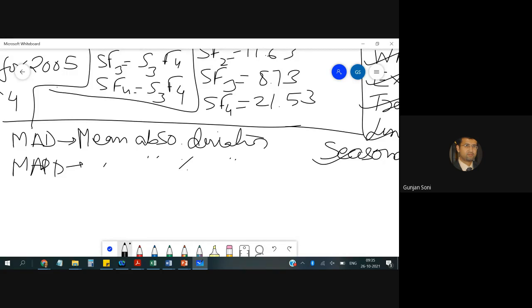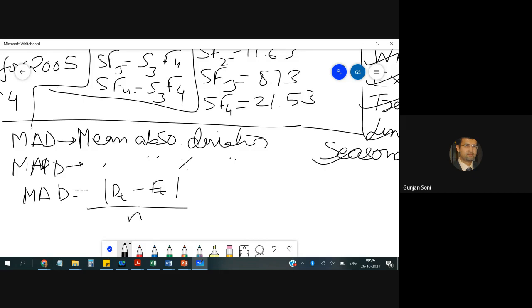I'll just tell you how we find the mean absolute deviation. Mean absolute deviation is we take the modulus of the difference between the forecast and the actual demand for certain periods, divided by n.